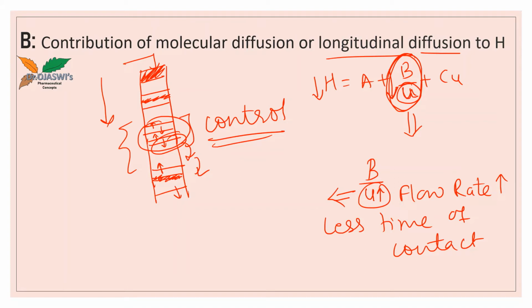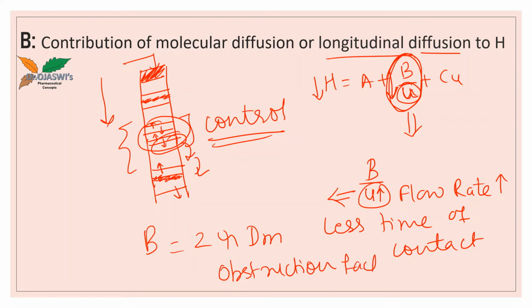Okay, now this B is represented mathematically as 2 psi dm. Okay, now what is this psi? That is the obstruction factor. What is this obstruction?